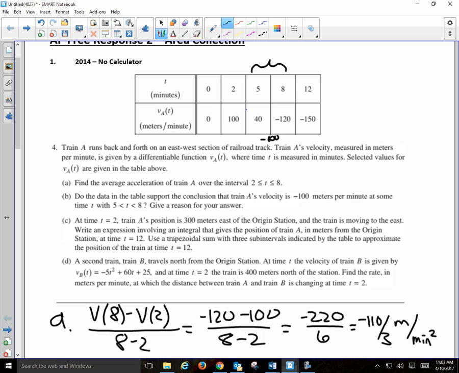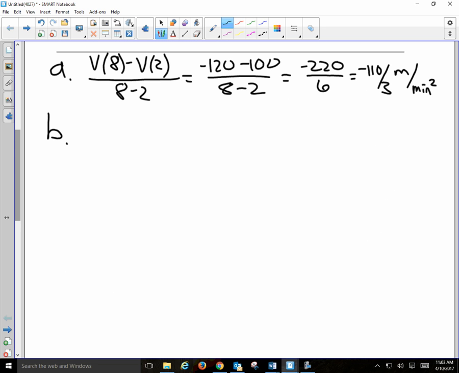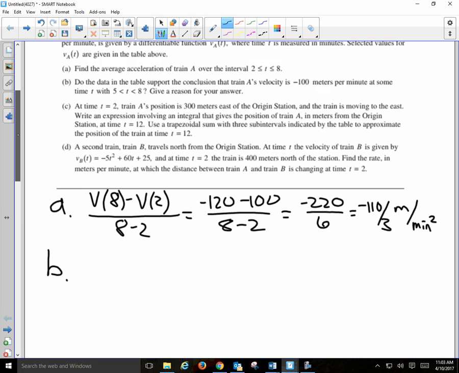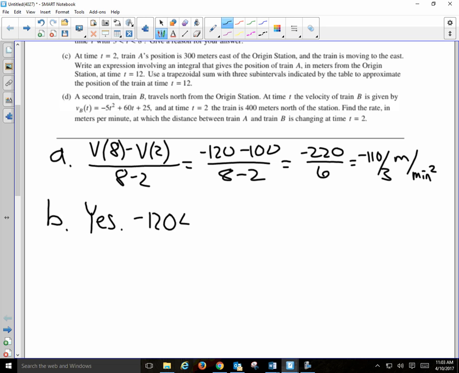Intermediate value theorem. So this is a very important time where you have to invoke the IVT. First of all, it says, do the data support? Yes. So negative 120 is less than negative 100, which is less than 40.